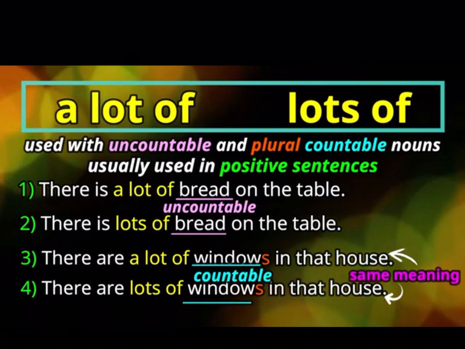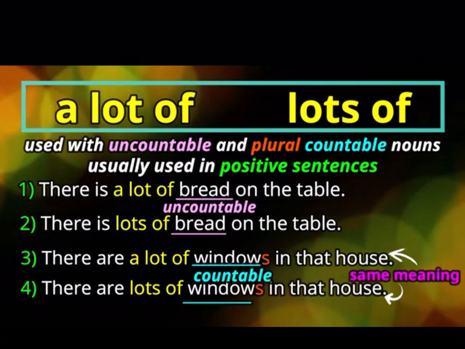In the first example, there is a lot of bread on the table. Here we know that bread is an uncountable noun. We can also say, as number 2, there is lots of bread on the table. They both mean the same thing. So you can use a lot of or lots of with uncountable nouns.